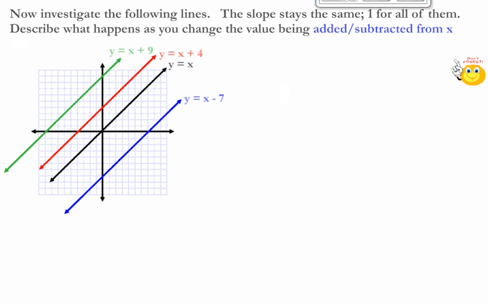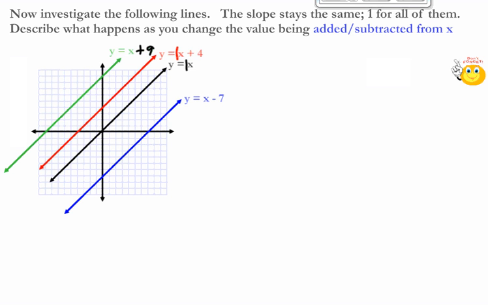Okay, so investigate the following lines. The slope stays the same. It's a 1 for all of them. There's a 1 in front of that, a 1 in front of here, etc. So the slope stays the same. But notice that I'm changing what's happening here.